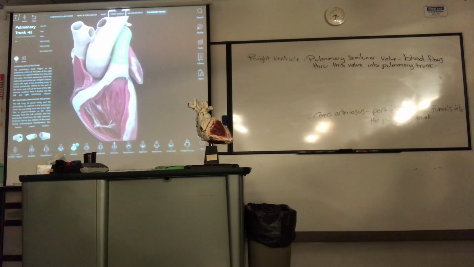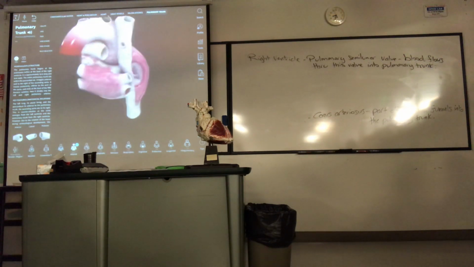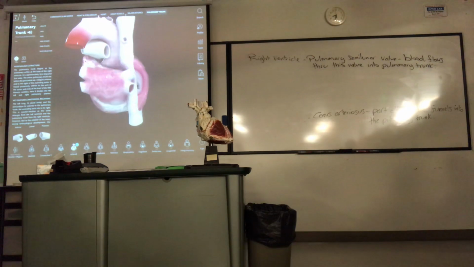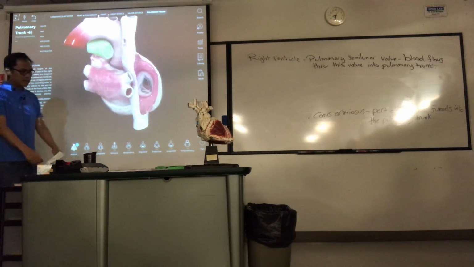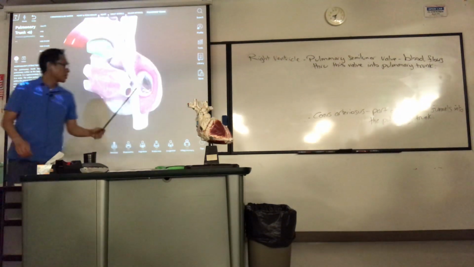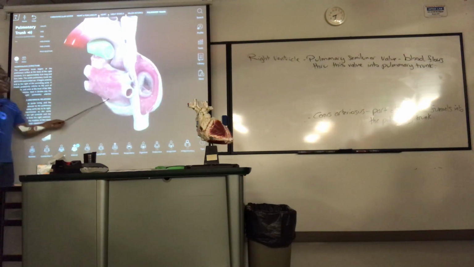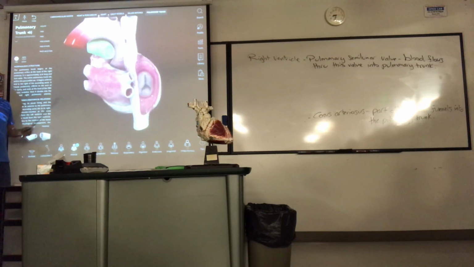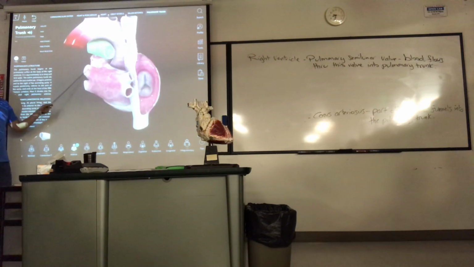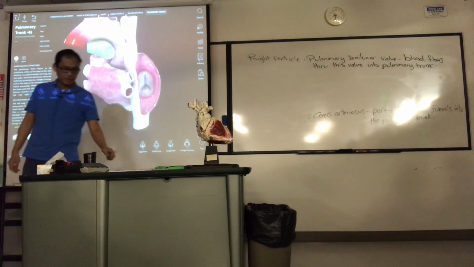So I'm going to go around back here. This is pretty much a posterior view of the heart. Okay, and if you're looking at it from behind, this is basically the right side, it's the left side. So this is the left atrium. The left atrium is receiving all the oxygenated blood that came from the lungs. You have 2 left, 2 right pulmonary veins that drain into the left atrium.